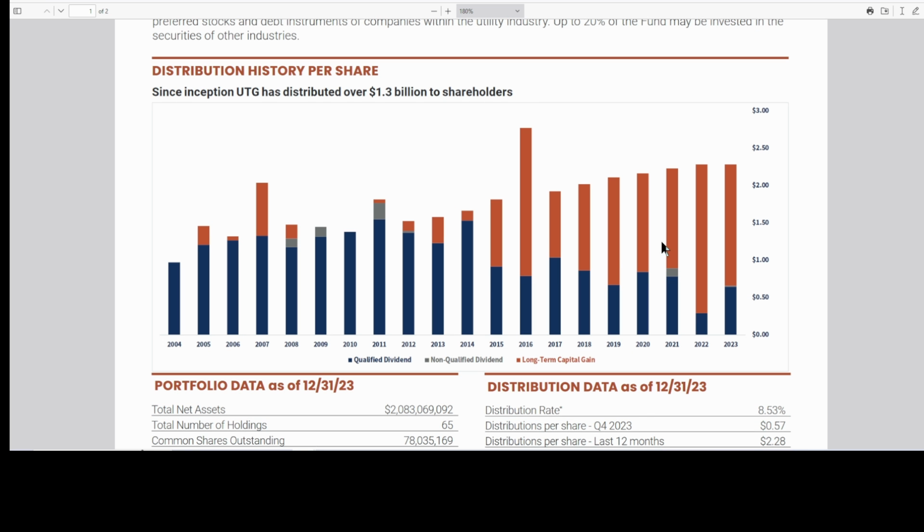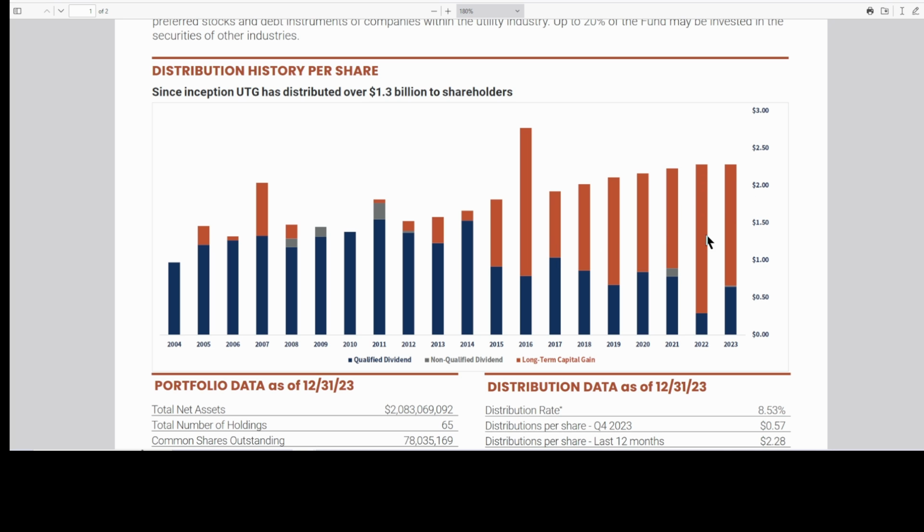So, what this chart is saying is that although it started out paying only qualified dividends, now the qualified dividends that it's throwing off do not equal that 8%. The rest of it comes from them having to sell positions in this CEF to realize long-term capital gains. Now that works if the utility stocks that it owns keep going up.